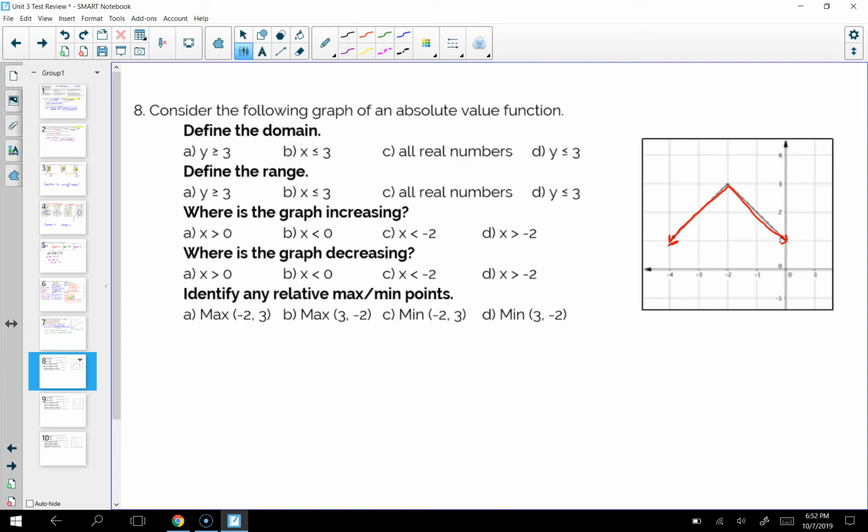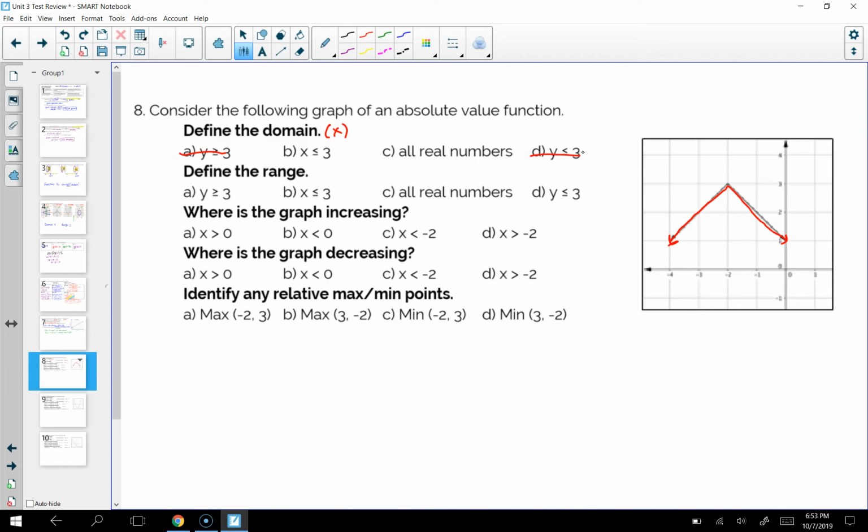It wants to define the domain. Here we go, trick number 1. We know domains are talking about x's, so I can cross off A and D because they're not talking about x's. B says that all the x's are less than 3, and C says all the x's.